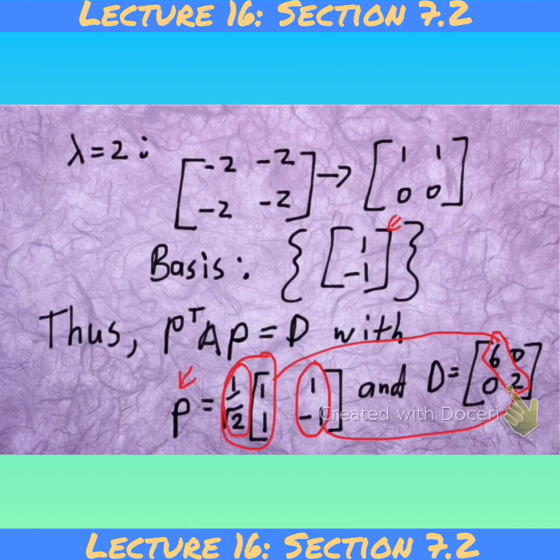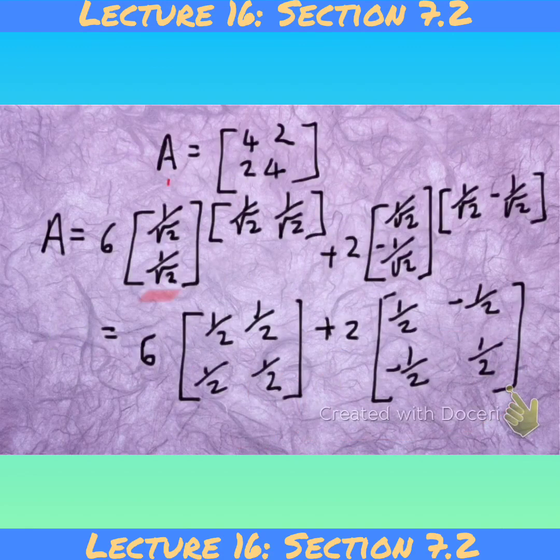Recall that this column corresponds to the eigenvalue 2, and that column corresponds to the eigenvalue 6. So that is the unit eigenvector corresponding to 6, and that was the unit eigenvector corresponding to 2. Right, and then it just involves plugging it in.